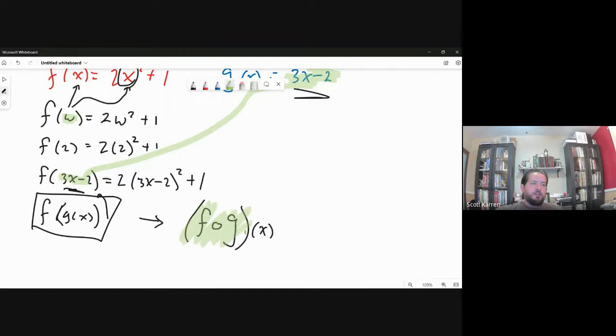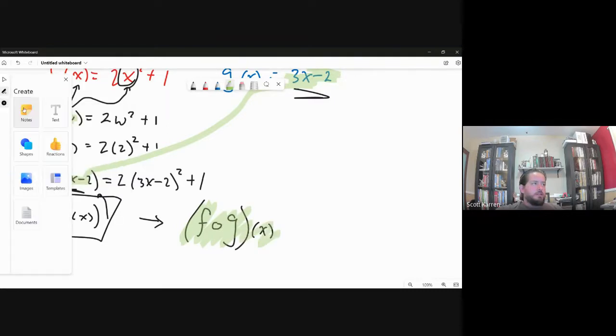This right here is read as f composed of g, or you might read it as f of g of x. So either one of those, that's how we read that.